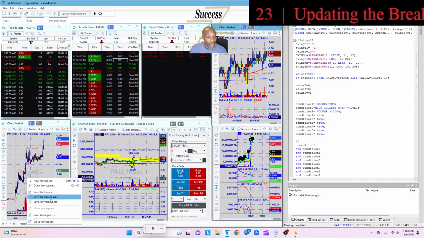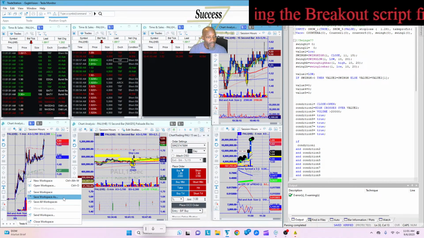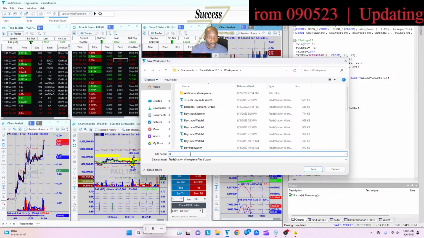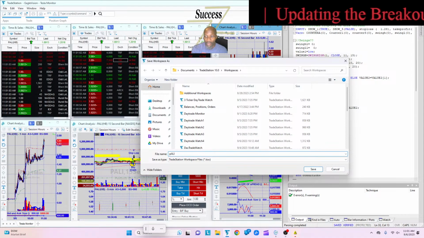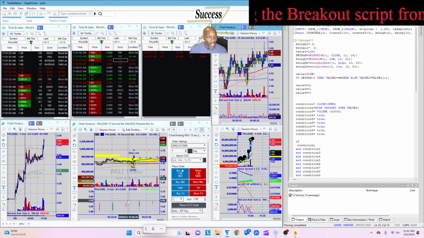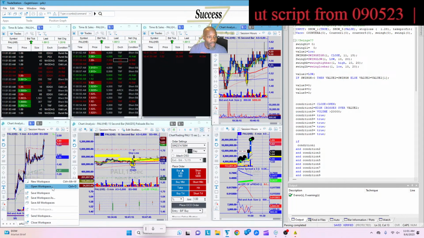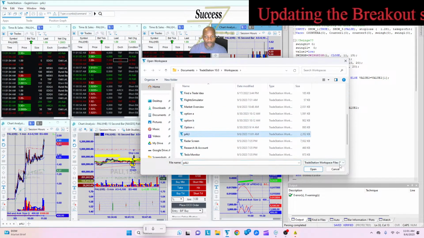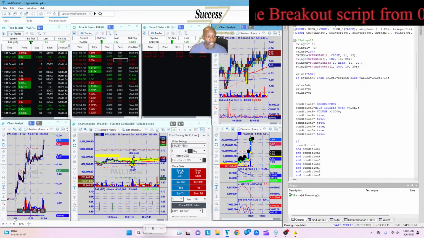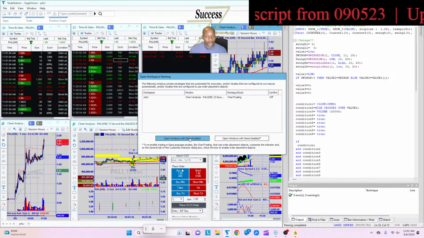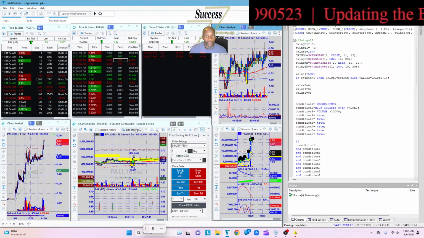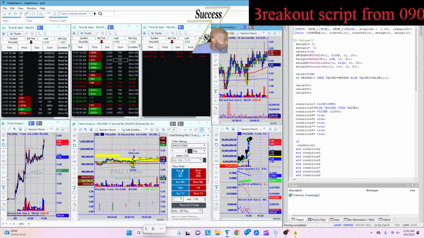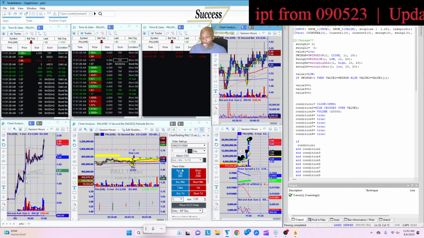Alright, so we're going to save workspace as Pally, and then we just open Pally, rename it, and open it as FOXO. I want to see what's going on with FOXO at around 1058.